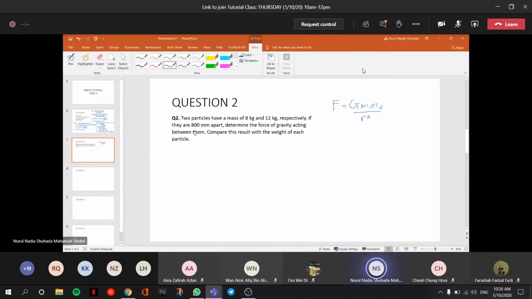In this case, the direction doesn't really matter because it is the distance between two masses. So you guys try to solve using the equation first.